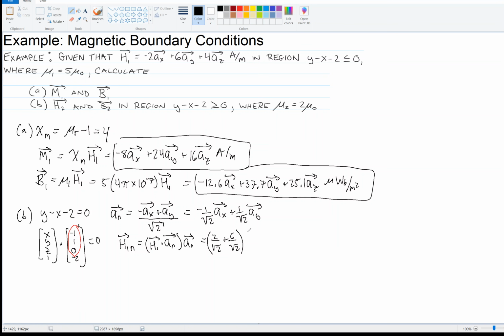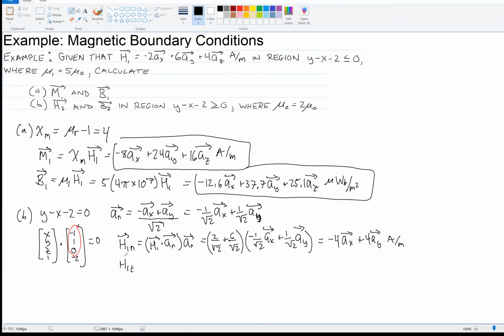And then times an, so that would be -1 over root 2 ax plus 1 over root 2 ay. This is a y here, by the way. Okay, so again, I carry that out, and I get -4 ax plus 4 ay, and that's in amps per meter, right?